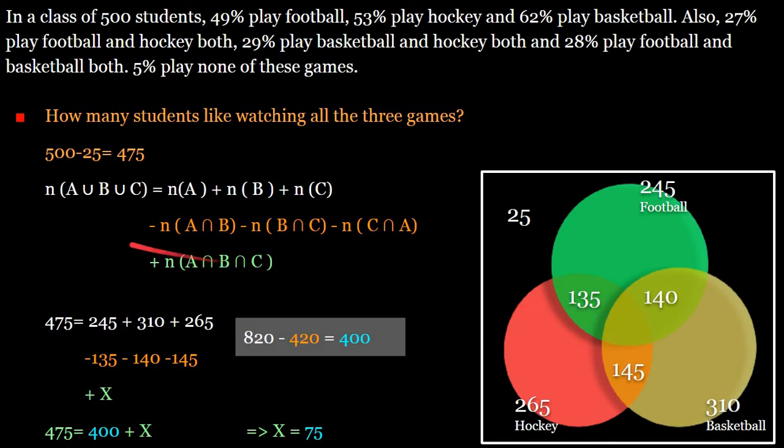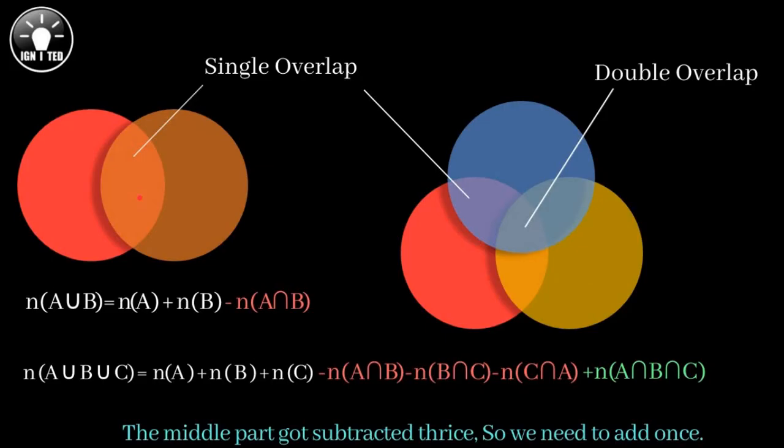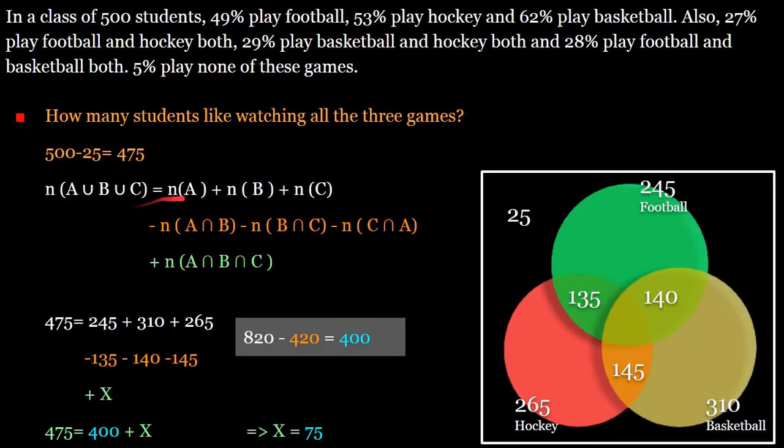We will apply the same formula. The union of all these 3 sets will be the number of elements in set A plus the number of elements in set B plus the number of elements in set C. We add them together and subtract the common area, the number of elements in common, and then we add the triangle part. I have written the formula in a better way.